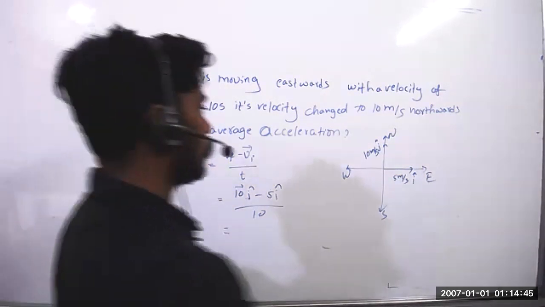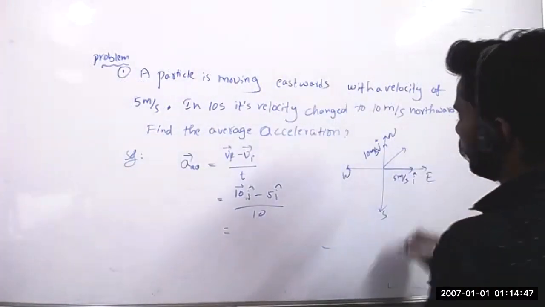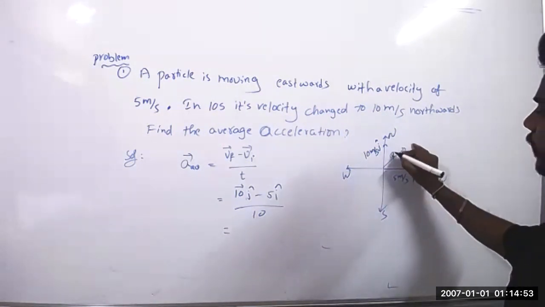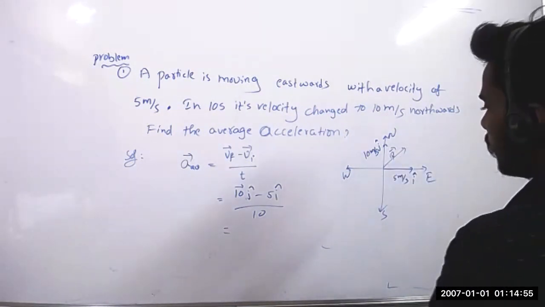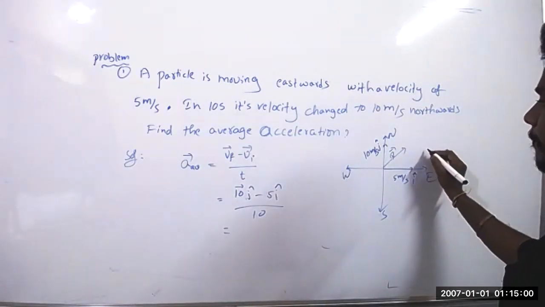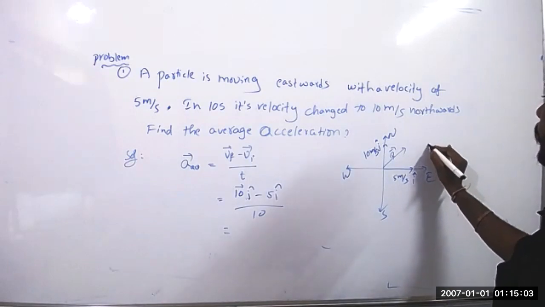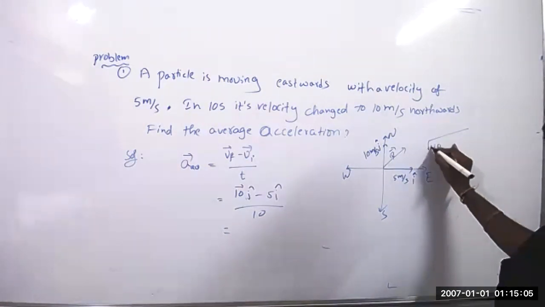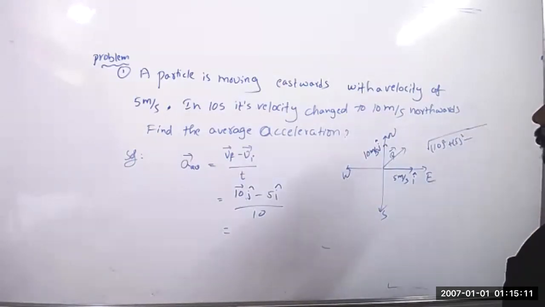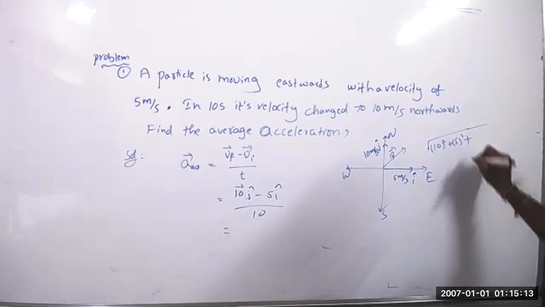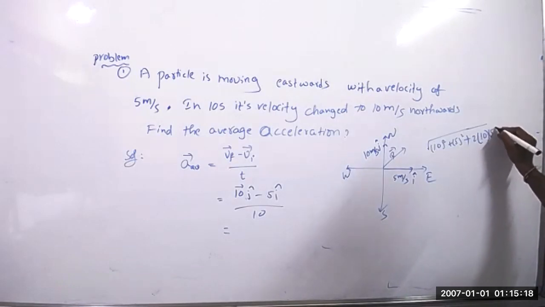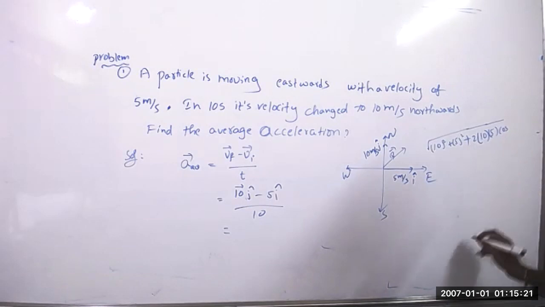Now resultant means you have to resolve it. What is the resultant formula? The magnitude R is equal to root of P square plus Q square plus 2 PQ cos theta. Here it is 10 square plus 5 square plus 2 into 10 into 5 cos theta.